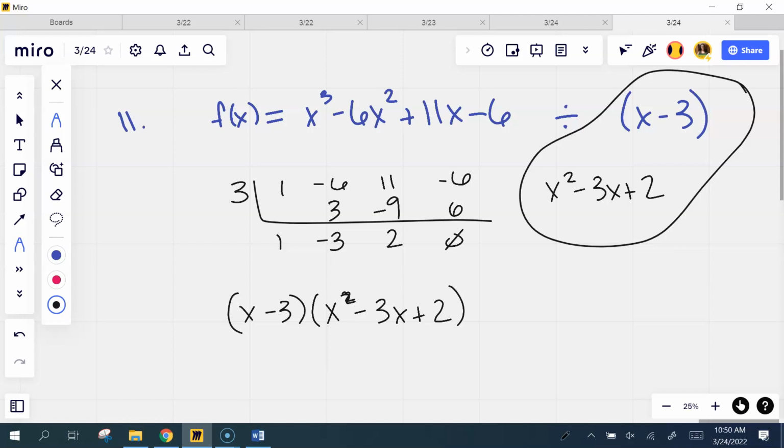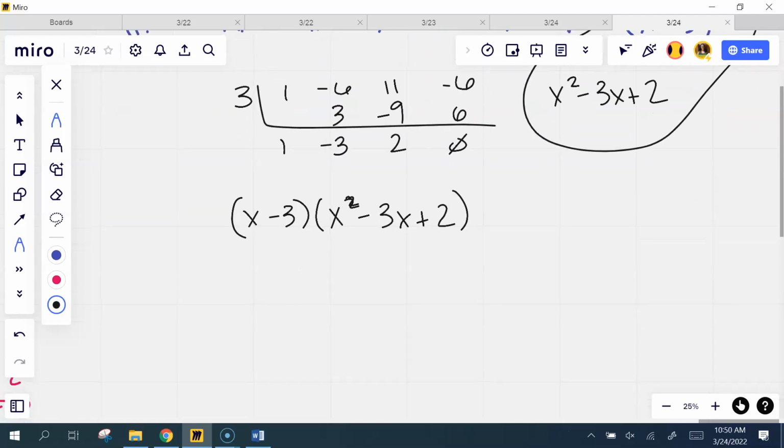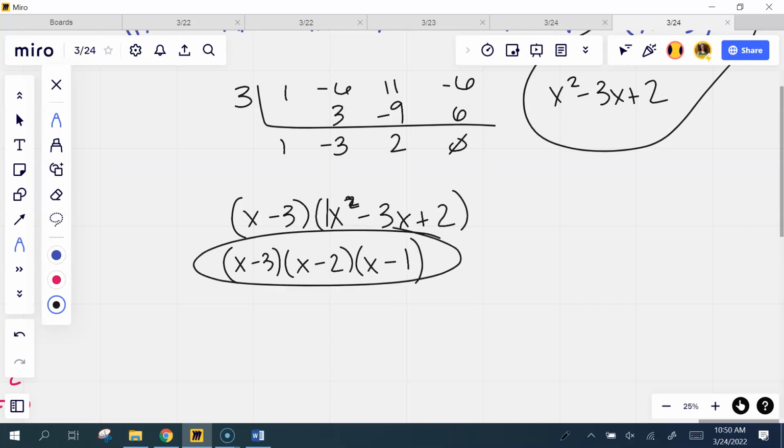Now I lied. Now factor it. It's a shortcut. We like the shortcut ones, right? x minus 3. What multiplies to 2 but adds to negative 3? Negative 2, negative 1. There's my factored form.